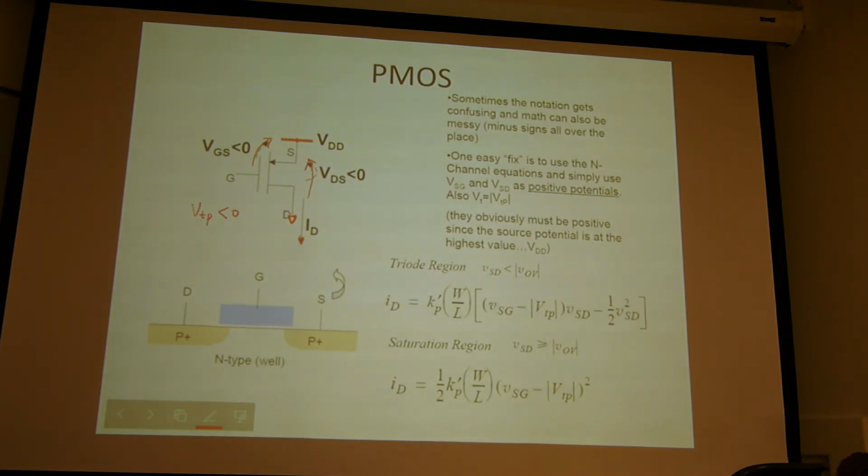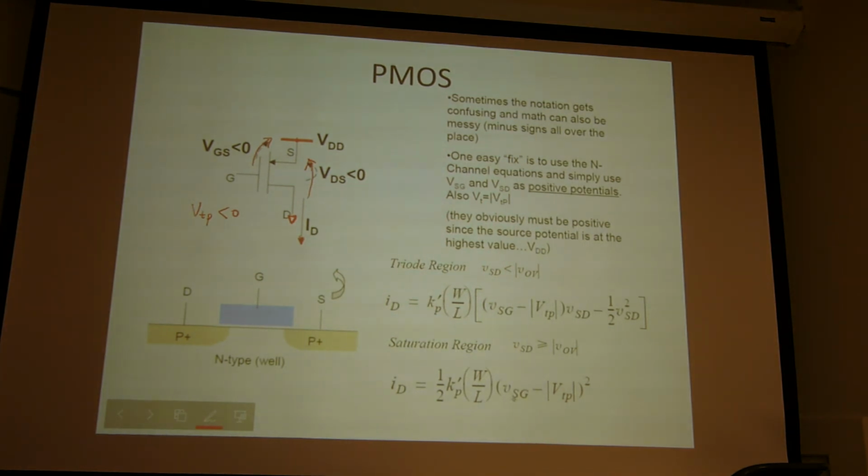So here, for example, the saturation current. Ideally you need to use VSG, because everything is reversed. But you can still use VGS if you take the absolute value, and then use the absolute value of VTP.